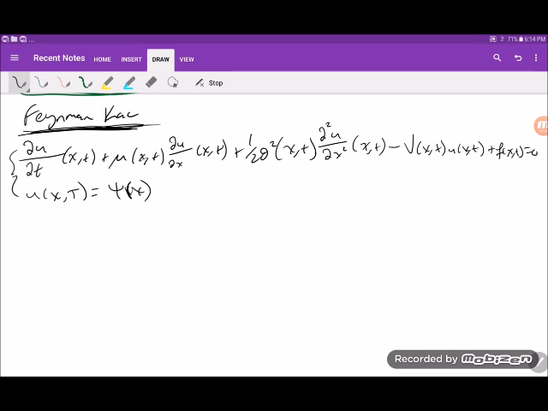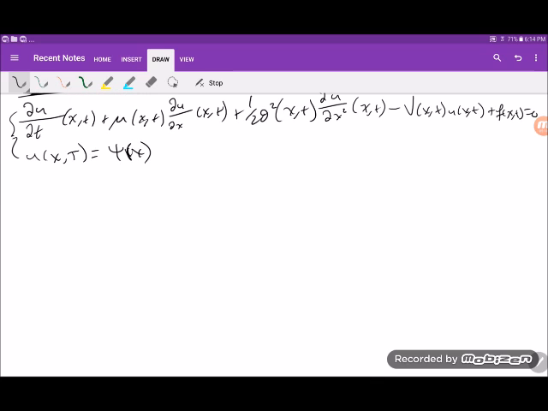The solution can be written as a conditional expectation. Q, those are taus, by the way.